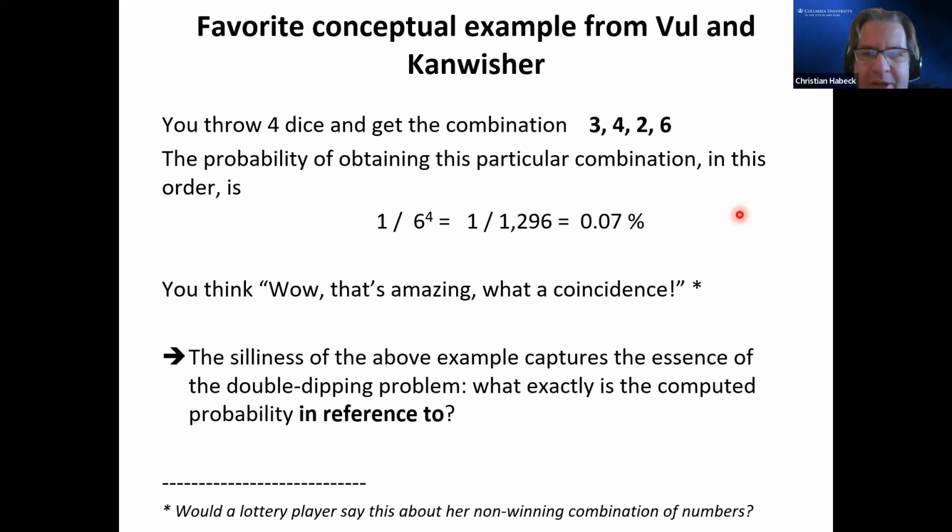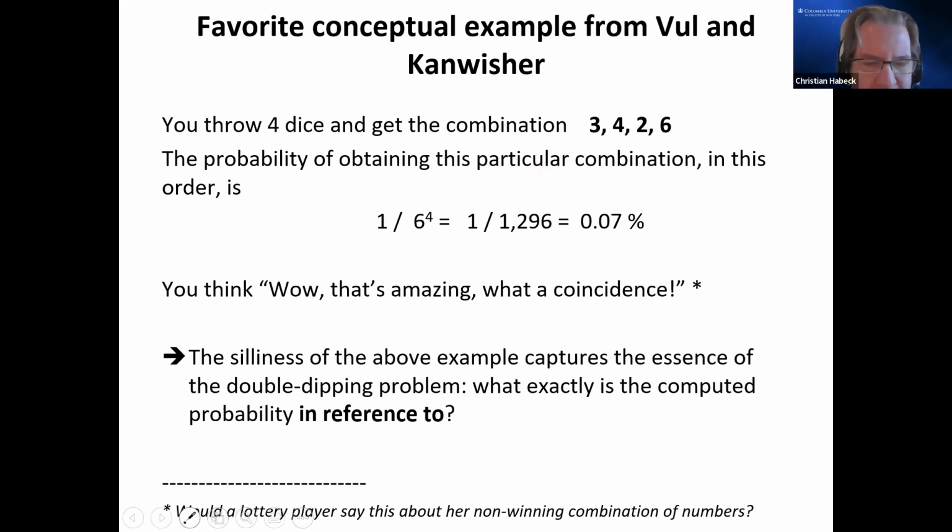It doesn't matter because somebody needs to announce this particular combination beforehand, before you throw the dice. Only then does the formula come into play, right? If I make no prior prediction, this is totally irrelevant, right?